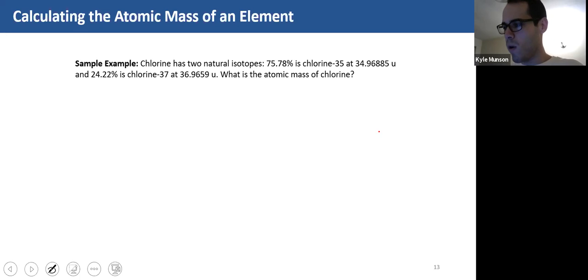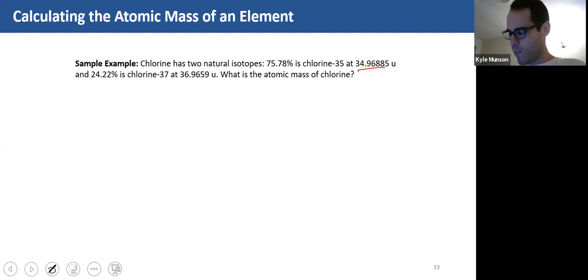And roughly 24.22% is the chlorine-37 isotope, which has an atomic mass of 36.9659. So what is the atomic mass of chlorine?